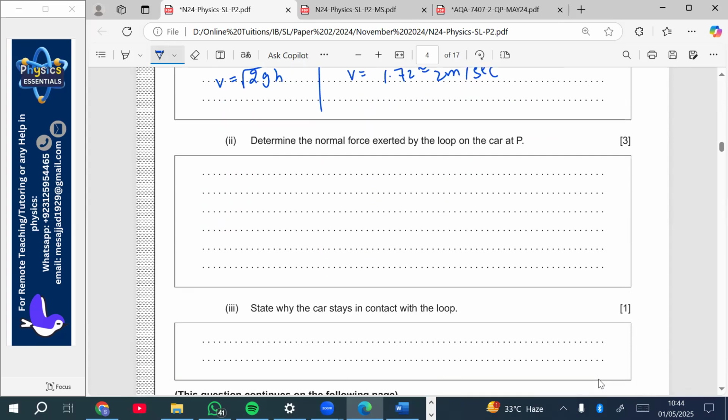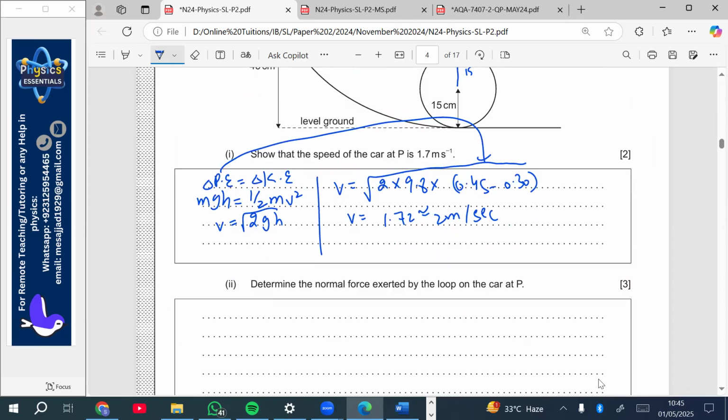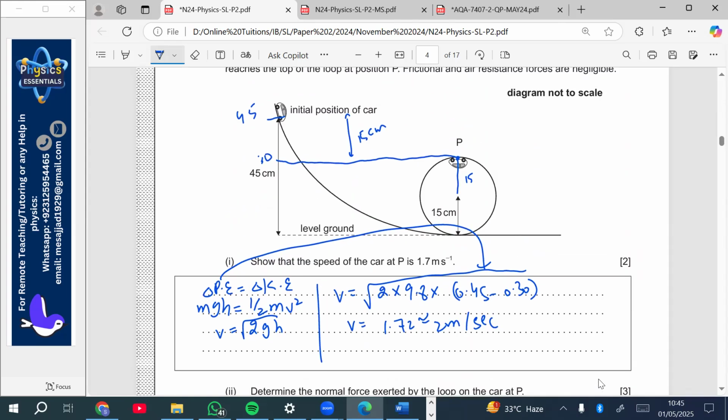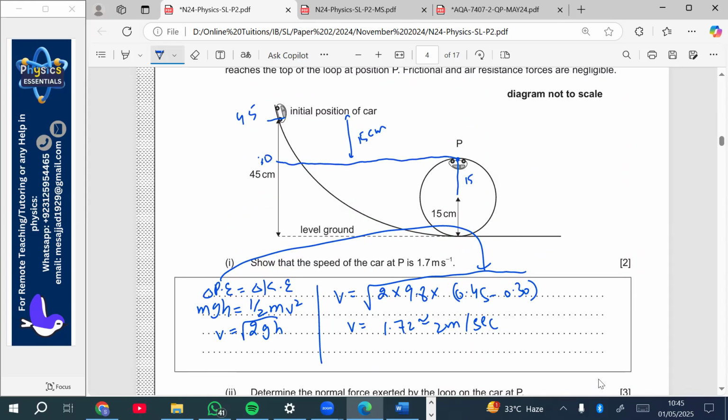Determine the normal force exerted by the loop on the car at point P. You know that the normal force is a contact force. For example, if this is a table and you have a book placed on top of it, your weight will be acting downward while the normal force acts upwards.